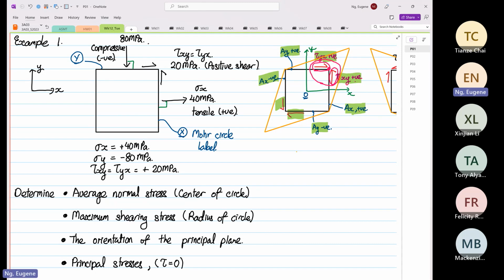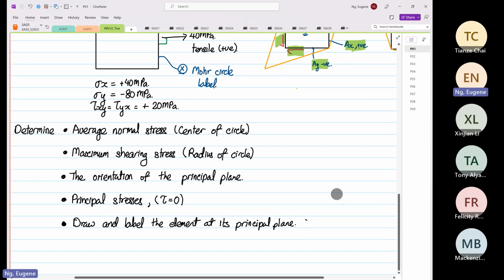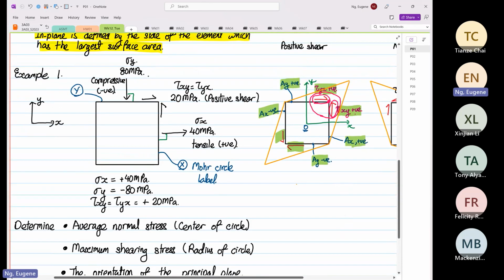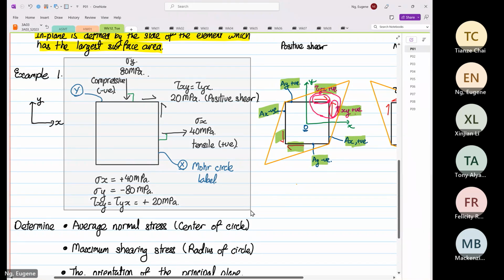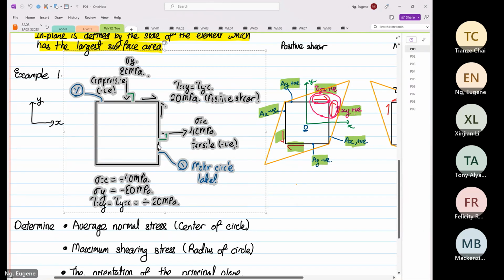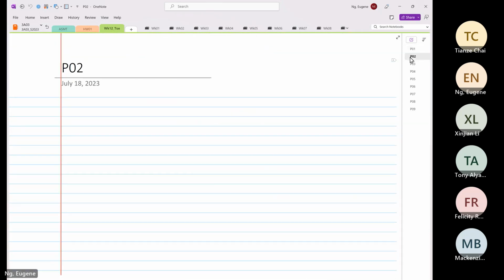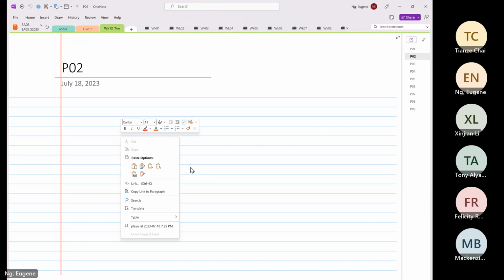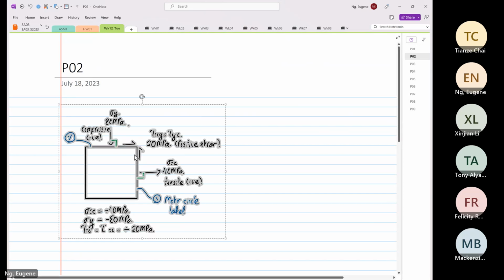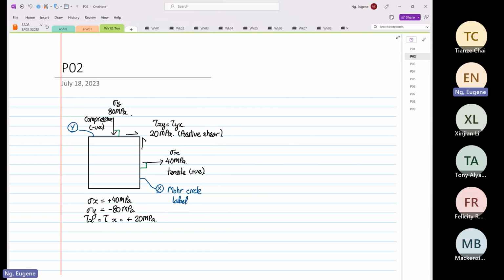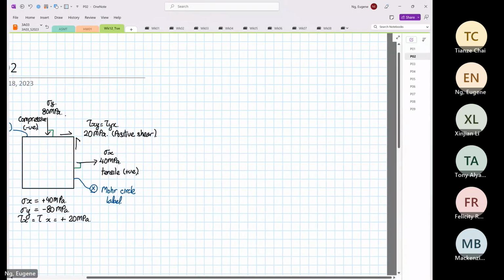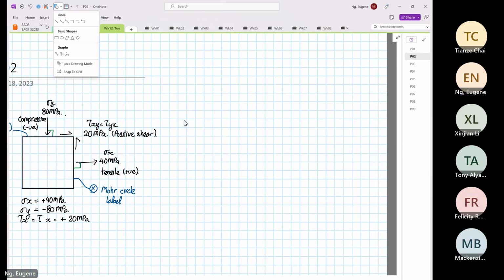So we are going to draw our Mohr circle now. Okay, so I'm going to copy this element so you will not get a headache from me moving in and out. Right. So I'm going to go into graph paper mode. So on Mohr circle, on the x-axis is your normal stress. Okay.